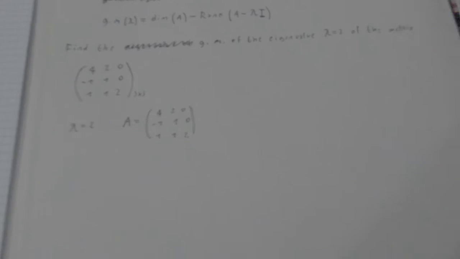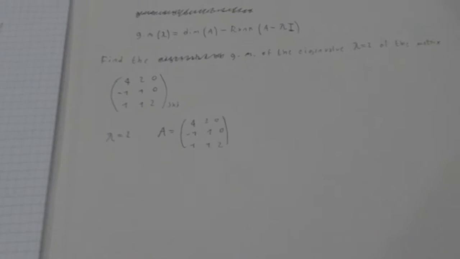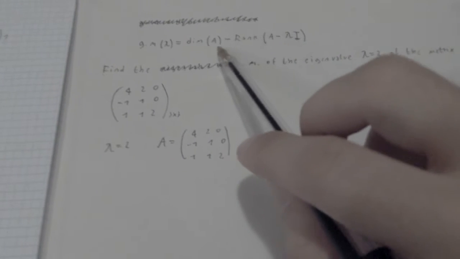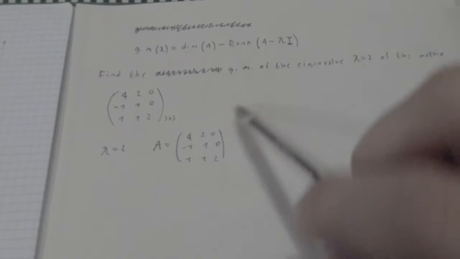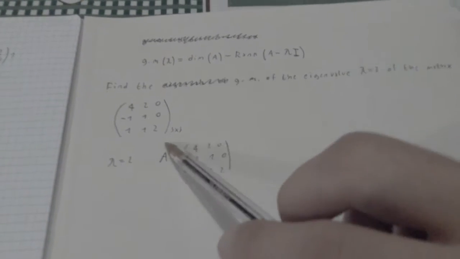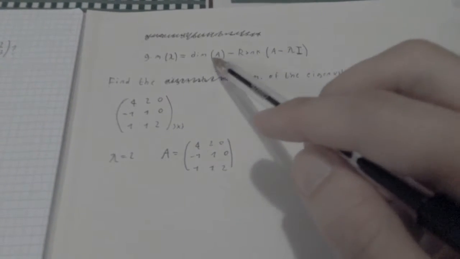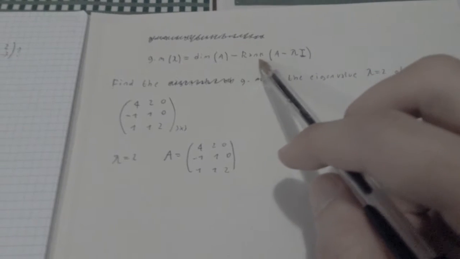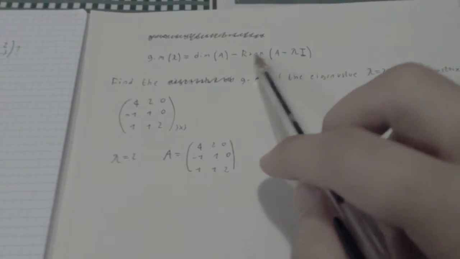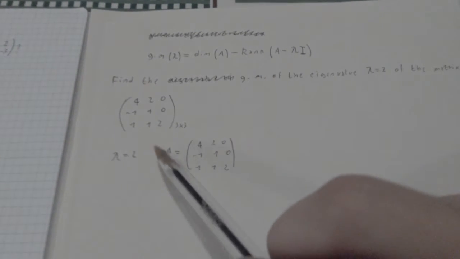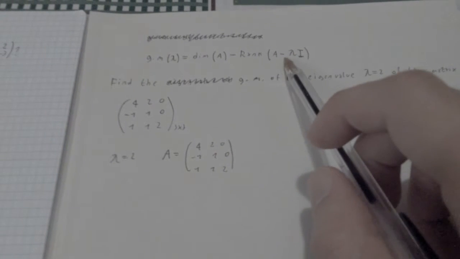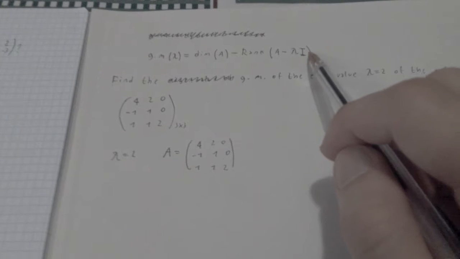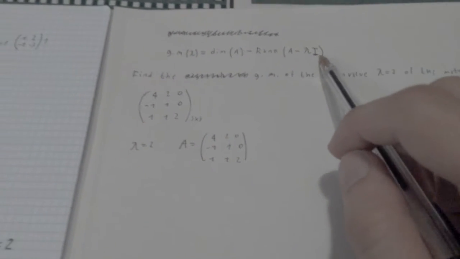We already know the dimension of A is going to be 3 because it's a 3 by 3 matrix, so the dimension is pretty easy, it's 3. We have to subtract the rank not just of A but of A minus lambda I, where I is the identity matrix.